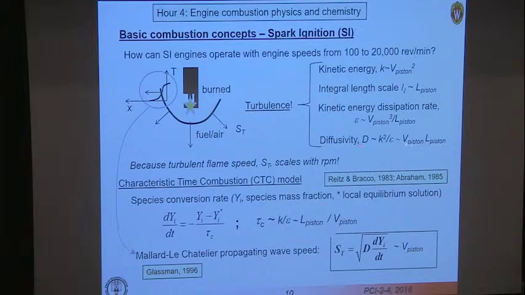And if you plug in the diffusivity and the rate expression shown here, you find that the turbulent flame velocity is proportional to the piston speed. And that agrees with experiments, hence a nice model, right? Called the characteristic time combustion model.